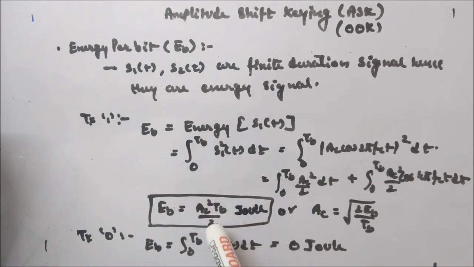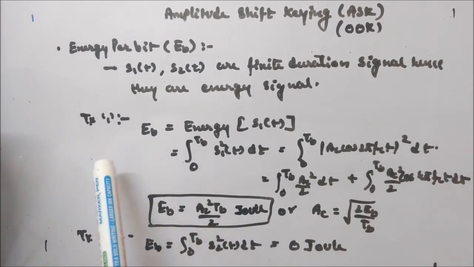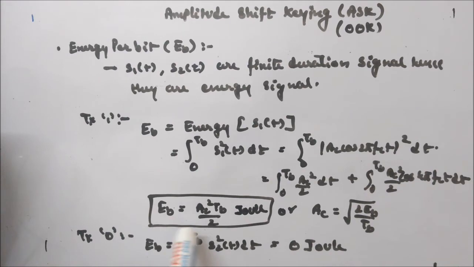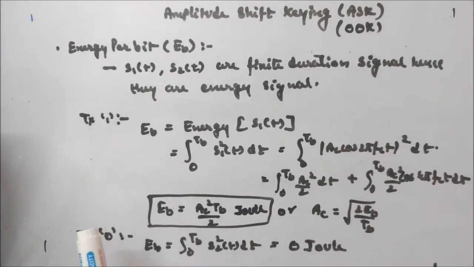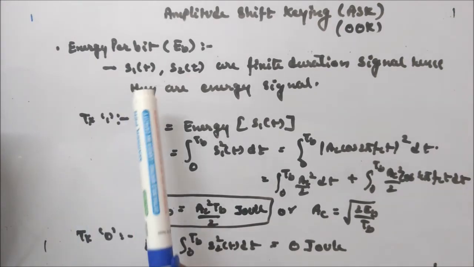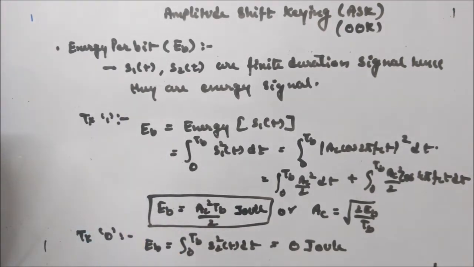Or if you rewrite, your carrier amplitude can be written as the square root of 2Eb divided by TB. We are going to use this later. Right now our concern is Eb, which is equal to Ac² TB divided by 2 joules. This means if you want to send bit 1, this much energy will be used by your transmitter. This will be the energy of the signal S1(t) when you are sending bit 1.